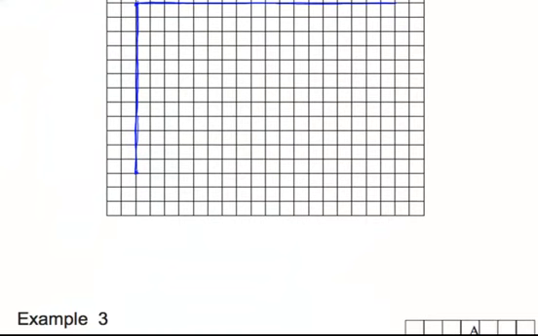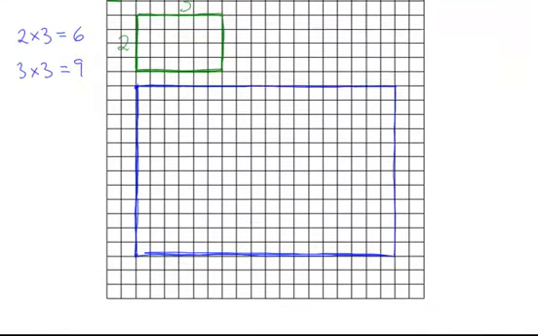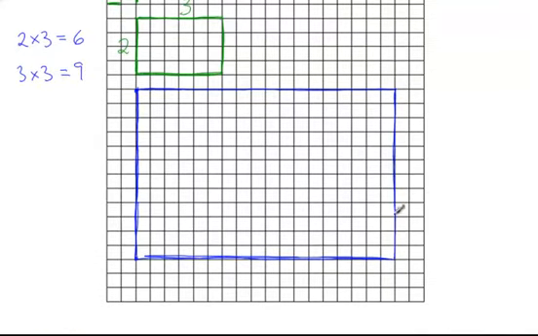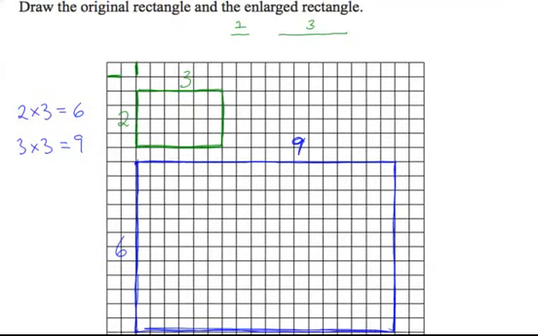So now if we complete this rectangle, we can draw a rectangle with the dimensions of 6 by 9, and the lengths of these rectangles will each be enlarged by a scale factor of 3. So the lines are each 3 times longer, 2 to 6 and 3 to 9. There we go.